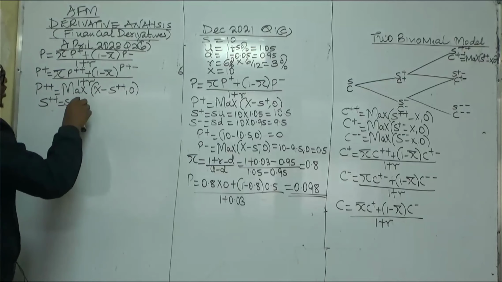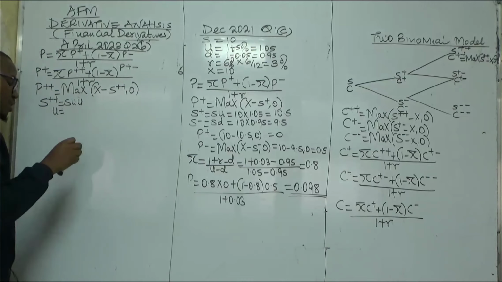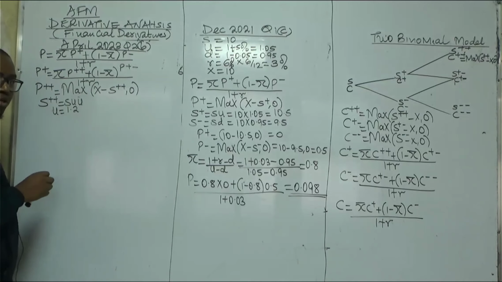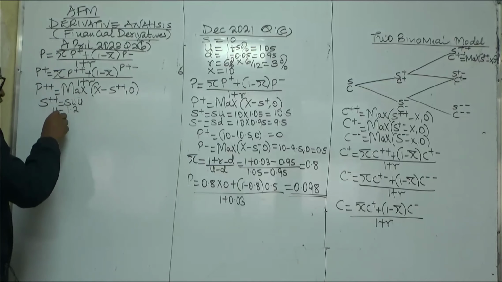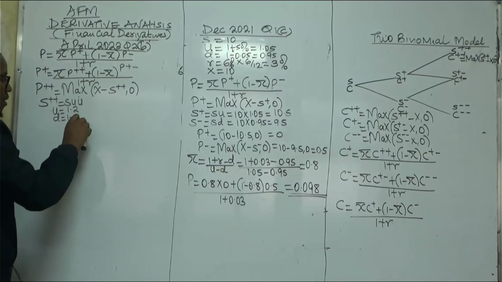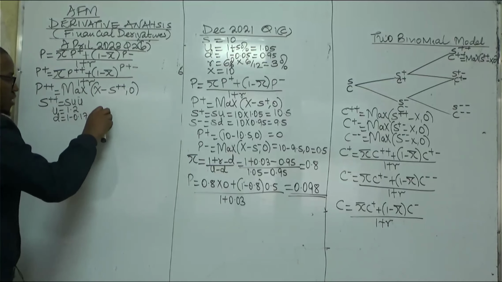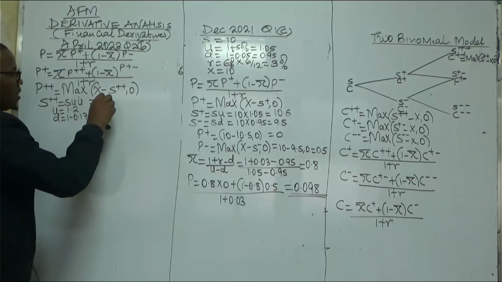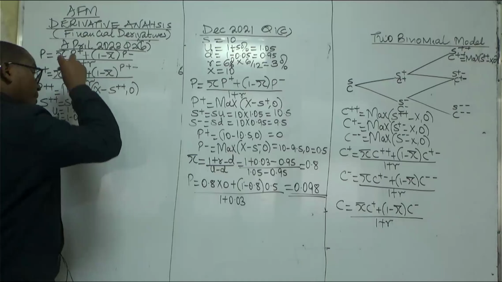What is our U? It is going up by 20%, so it will be 1.2. Then D is 1 minus 0.17, that is 0.83.